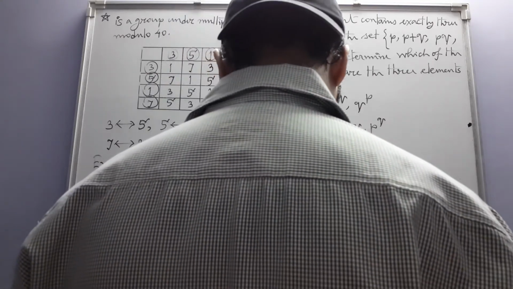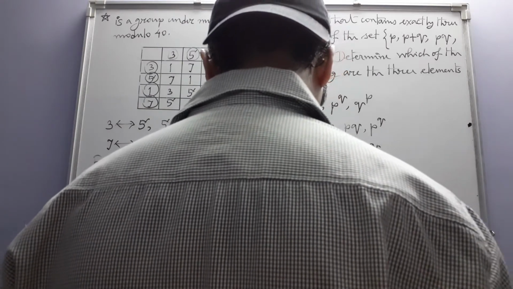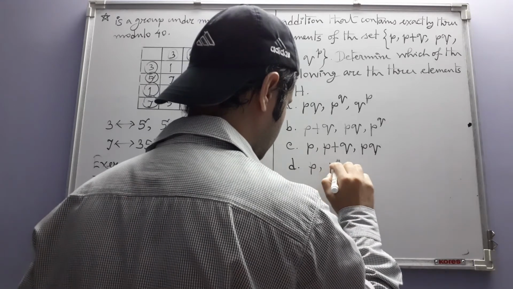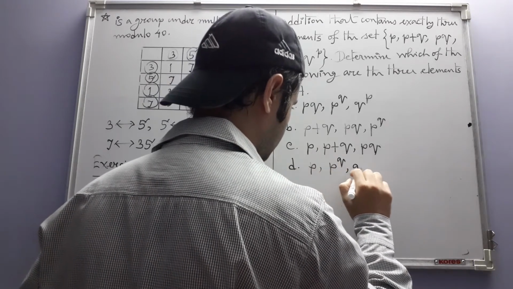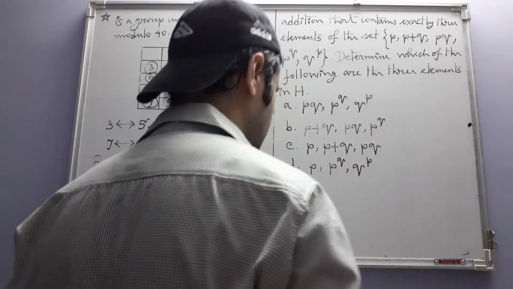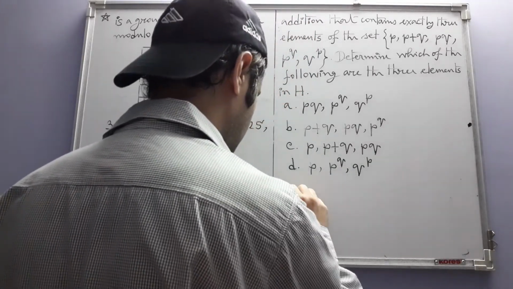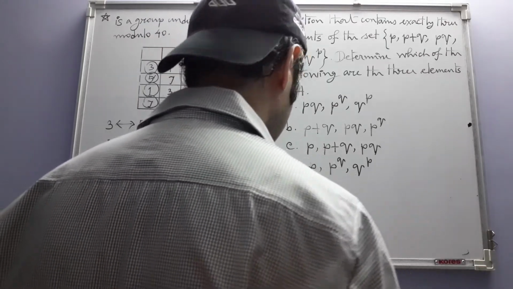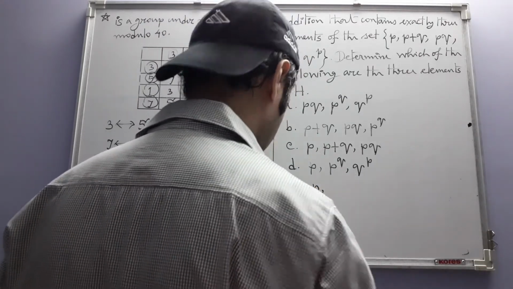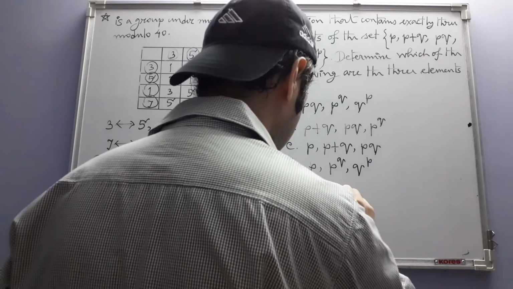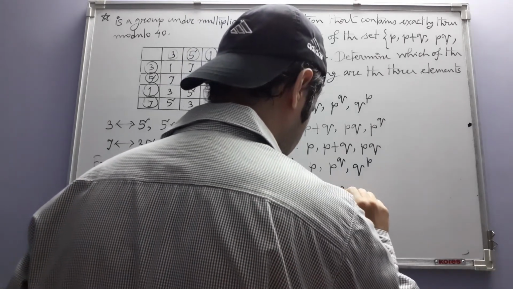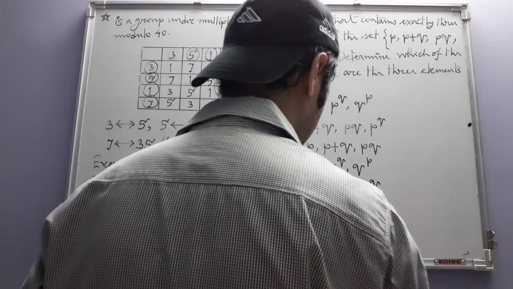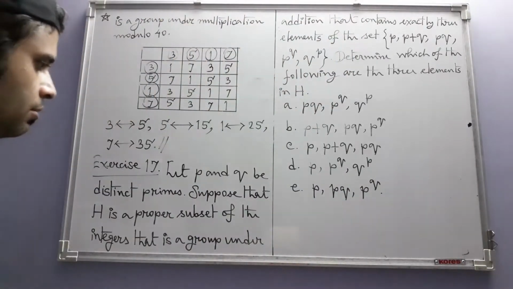D, P, P to the power Q, Q to the power P. And E, P, PQ and P to the power Q. Okay.